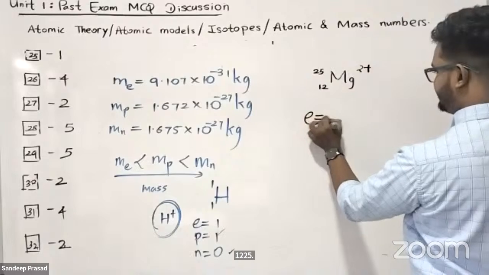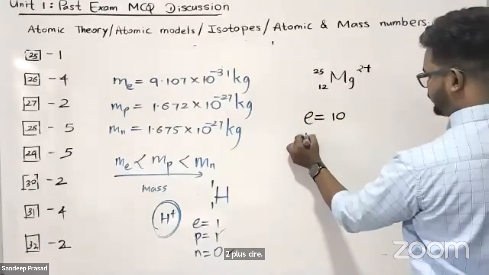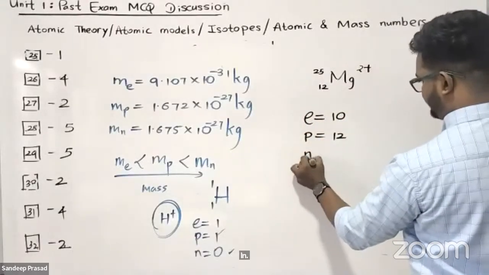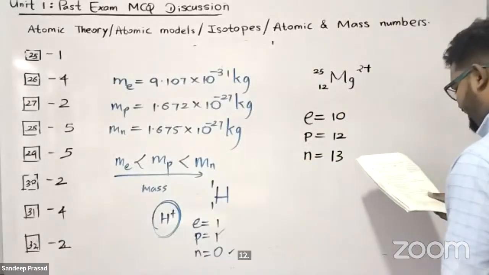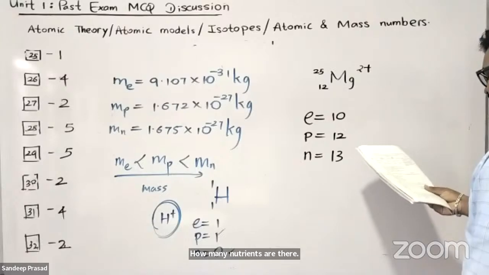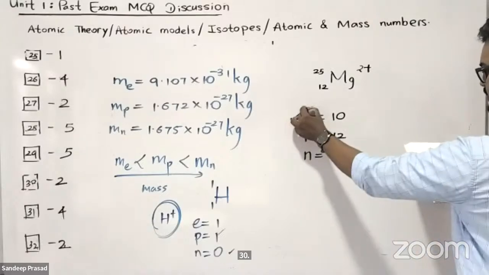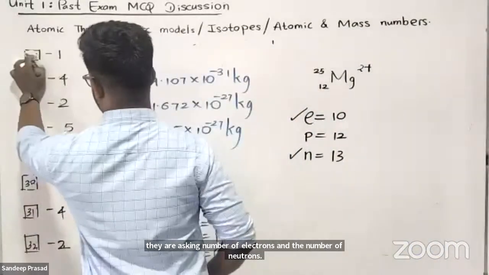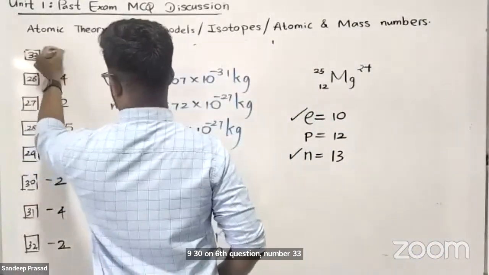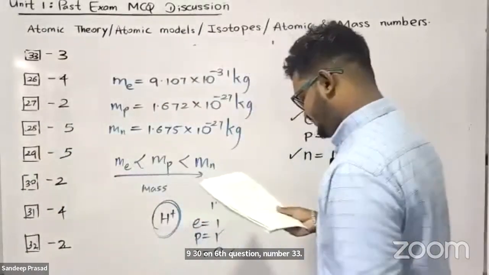How many electrons are there? 10. How many protons are there? 12. How many neutrons are there? 13. Okay. So they're asking number of electrons and the number of neutrons. 10 and 13. Answer is third one. Question number 33, answer is third option. Very easy, right?